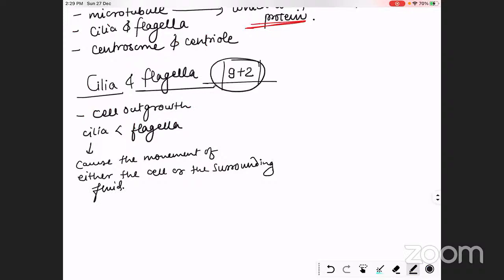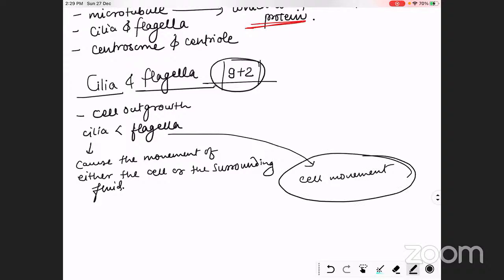And flagella are comparatively longer and responsible for the cell movement. They cause the cell movement. Basically, for the mobility or motility of the cell, the flagella is important. It is responsible for the cell mobility.